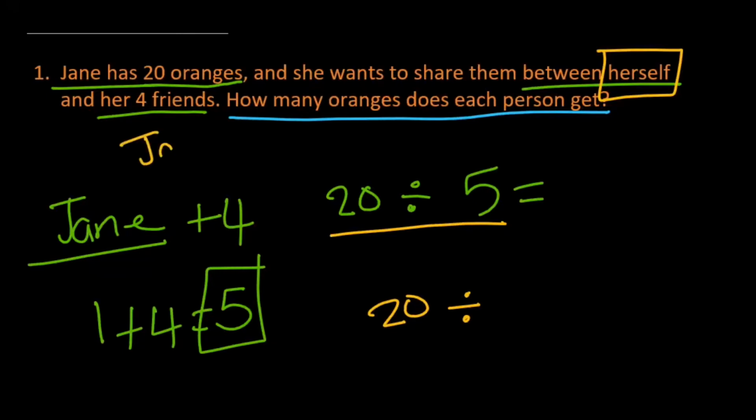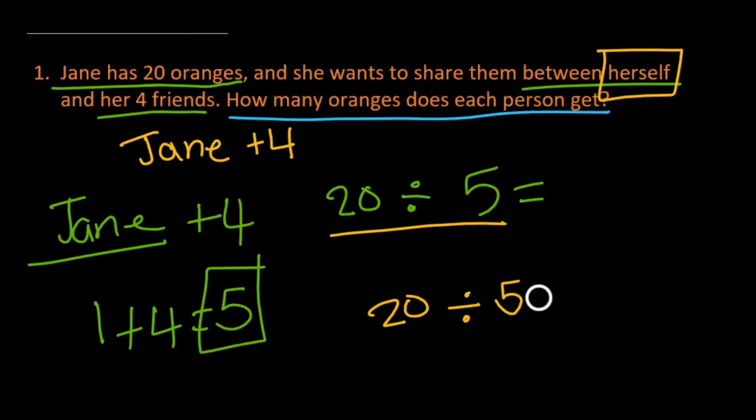Herself is Jane. Herself plus her 4 friends. And since Jane is only one person, that's 1 person plus 4 people equals 5 people. So that's how I got 5.